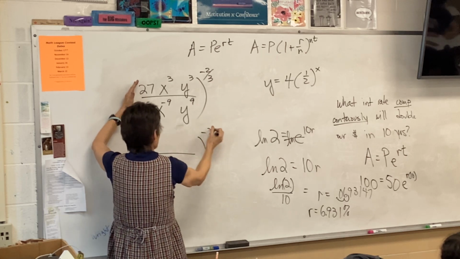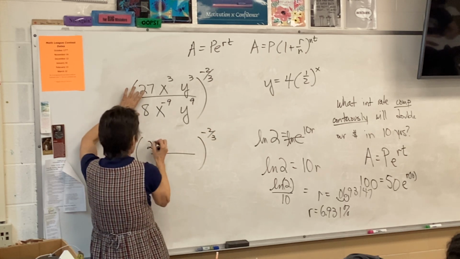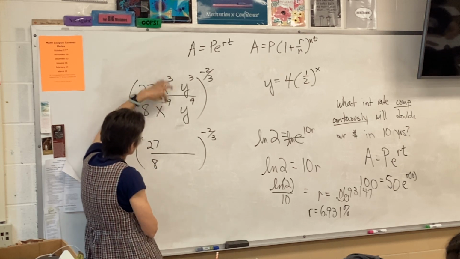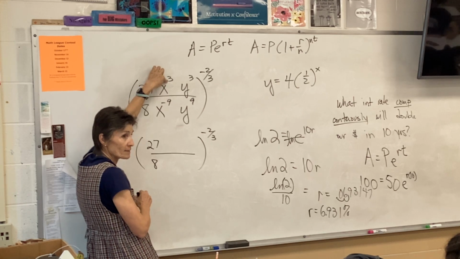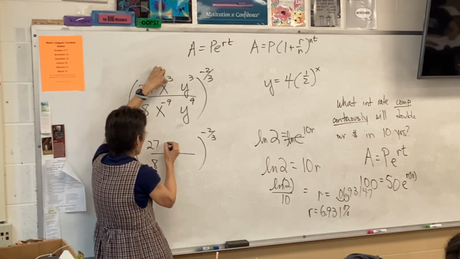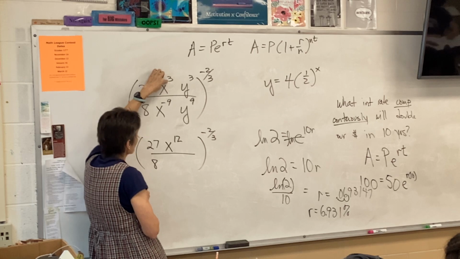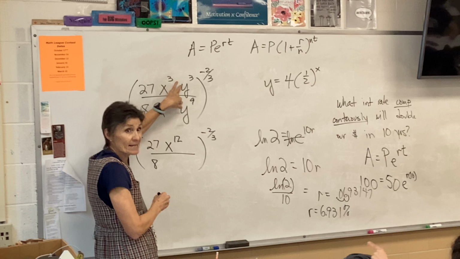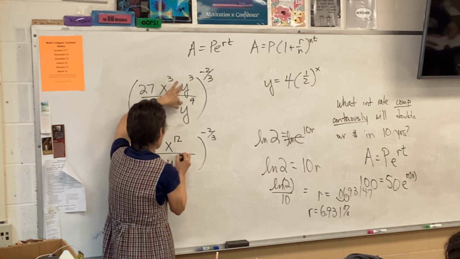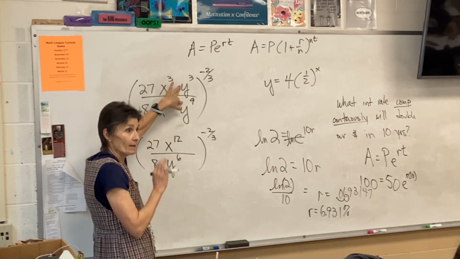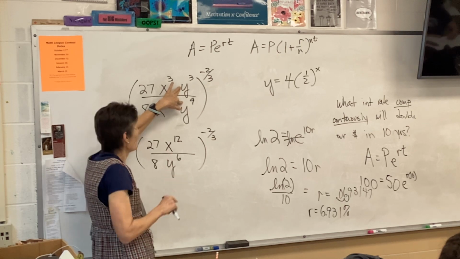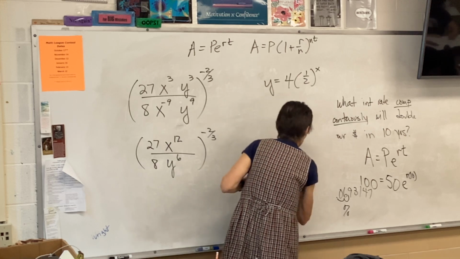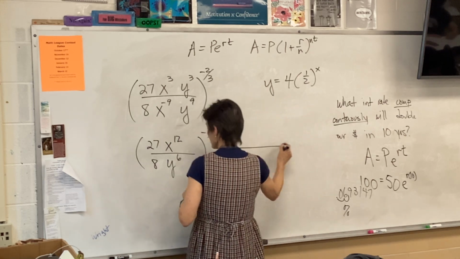What can we simplify inside? 27 and 8 don't reduce. However, these 9 are going to come up to the top and make x to the 12th. Nothing's moving here, but they are canceling, so that'll be y to the 6th. Everybody good with that? Now, what does the negative do? Flips it. So we'll flip it. Not change a thing, just flip it.